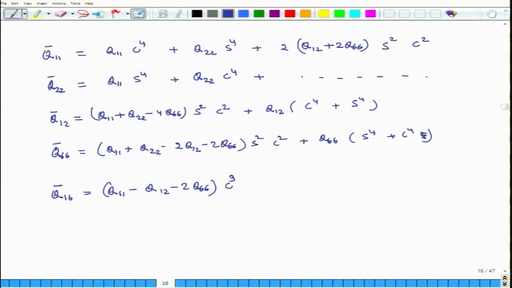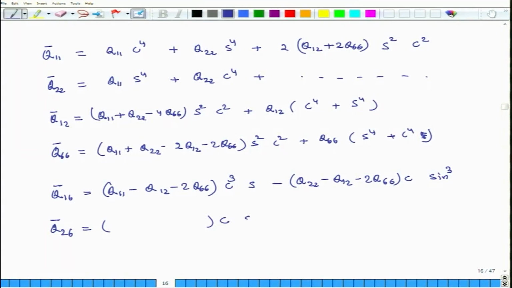times cosine cube theta times sine theta, minus (Q22 minus Q12 minus 2 Q66) times cosine theta times sine cube theta, and Q26 bar equals the same thing, but just the other way around.